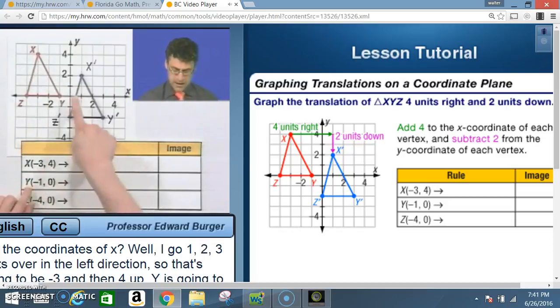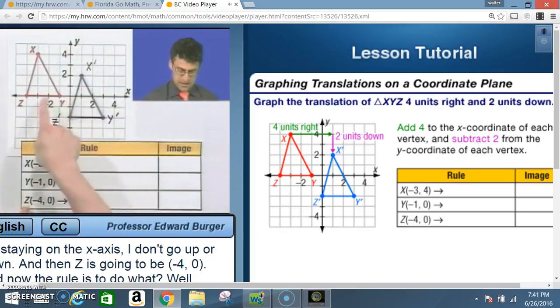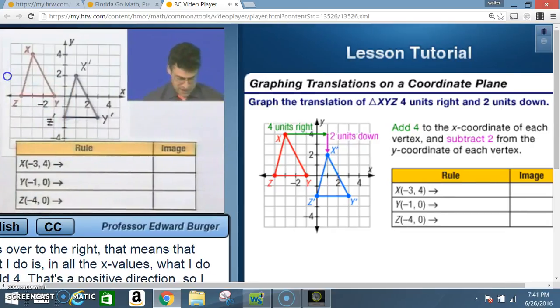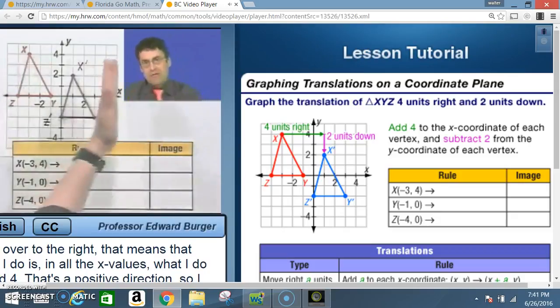Y is negative 1, 0, because I'm staying on the x-axis. And Z is negative 4, 0. Now the rule: since I'm moving 4 units to the right, in all the x values I add 4. That's a positive direction, so I add 4.